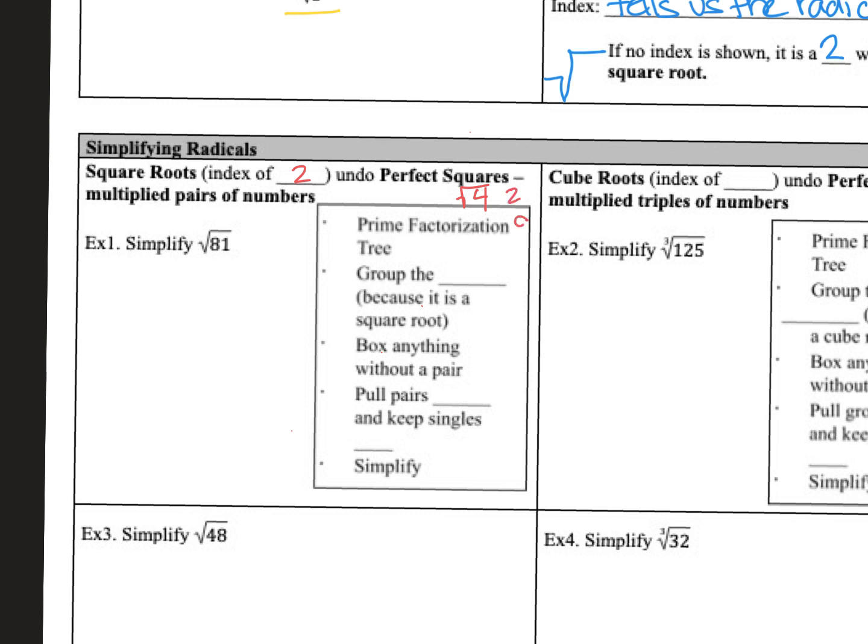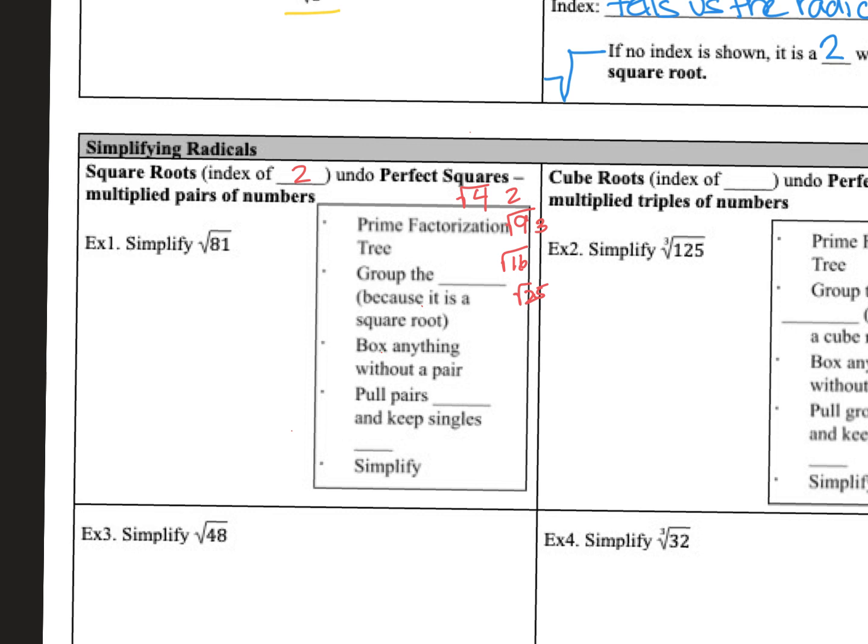We know 9 is a perfect square, so the square root of 9 is 3. 16, we know that's a perfect square of 4, 25. And we can continue this list for a very long way. Remember, perfect squares are just any number that is multiplied by itself. It's just pairs of numbers.